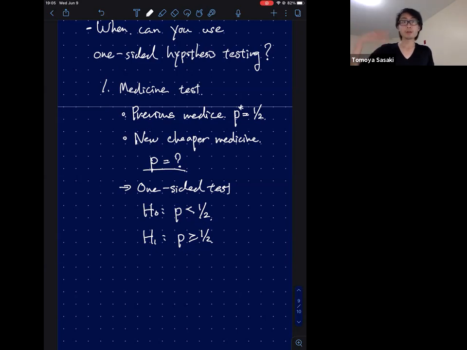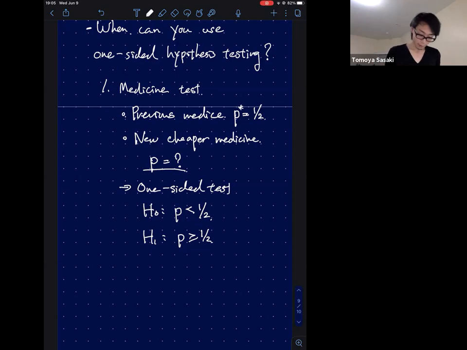Yes. But you don't care how much better it is, the degree of betterness. You just care whether it's at least as good as the previous one. You don't want the new cheaper medicine to be worse than the previous medicine. That's the scenario.